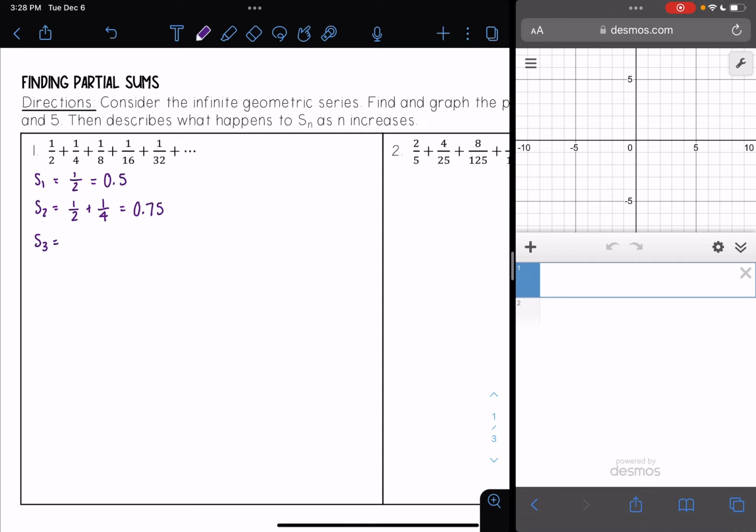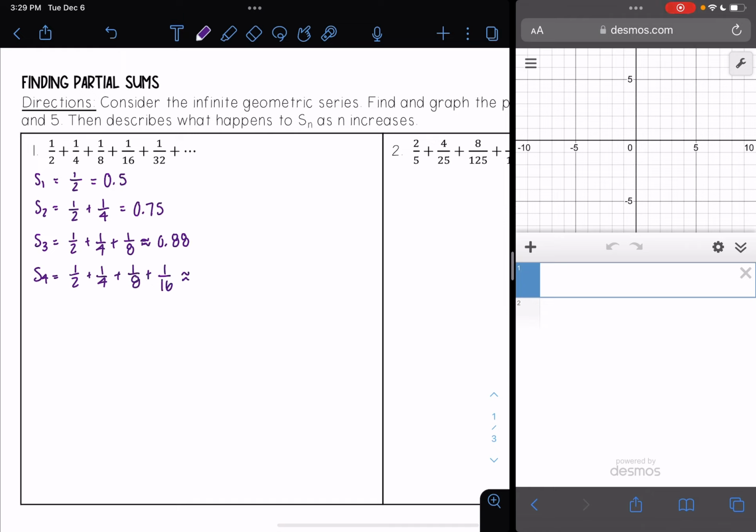S3, that means I am summing the first 3 terms. And so that's going to be 1/2 plus 1/4 plus 1/8. And when you enter that into your calculator, you're going to get approximately 0.88. S4 is saying I'm summing the first 4 terms, so it's going to be 1/2 plus 1/4 plus 1/8 plus 1/16.